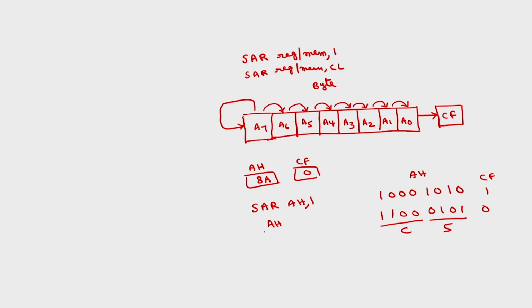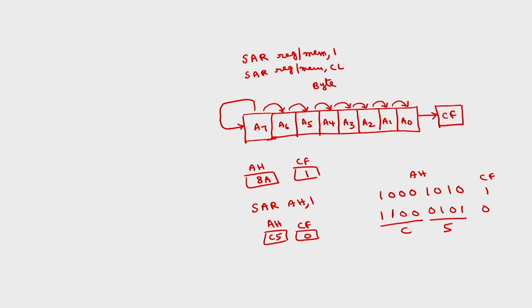AH will be C5, and the carry flag will be reset now, because the last bit is 0. Initially, if I take this carry flag as set, then now it will be reset. So this is about the shift right operation.